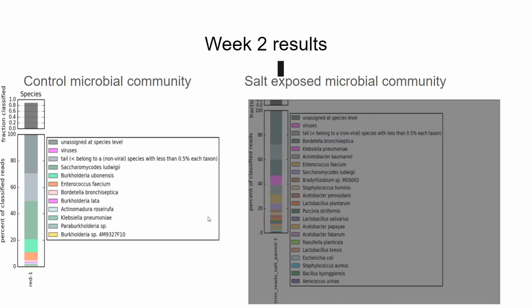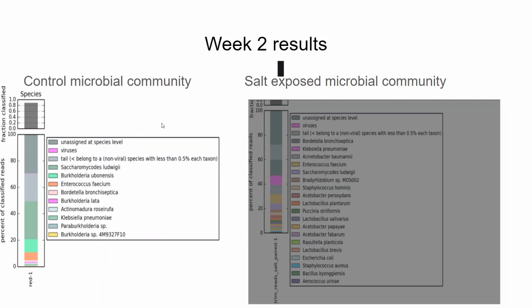As the week went on, the control microbial community retained a similar character, although the Klebsiella pneumoniae went lower into the dominance levels, whereas the Klebsiella pneumoniae remained pretty dominant throughout the salt-exposed microbial community.